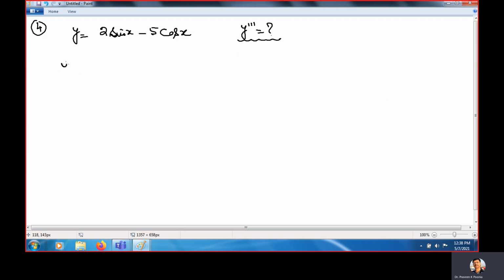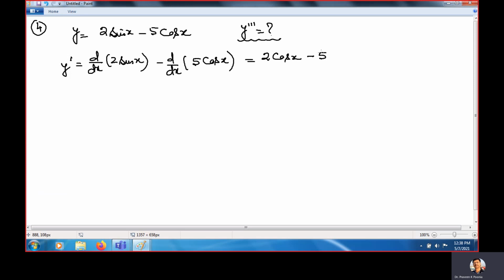So what is the answer? y dash is equal to d by dx of the first function minus d by dx of the second function. It equals 2 times the derivative of sin x, which is cosine x, minus 5 times the derivative of cosine x, which is minus sin x. So minus minus plus.